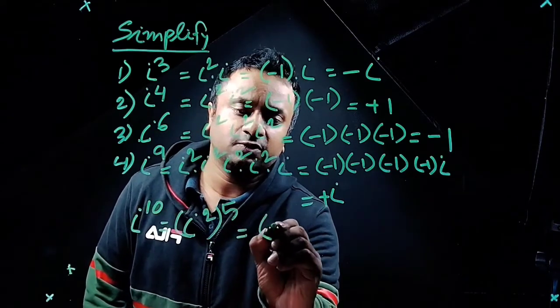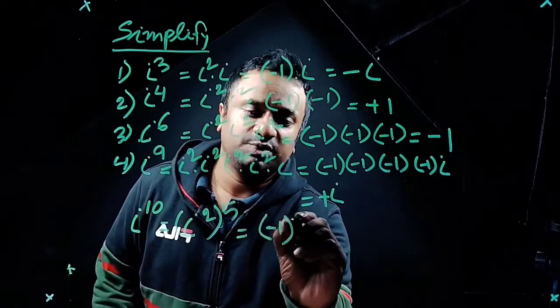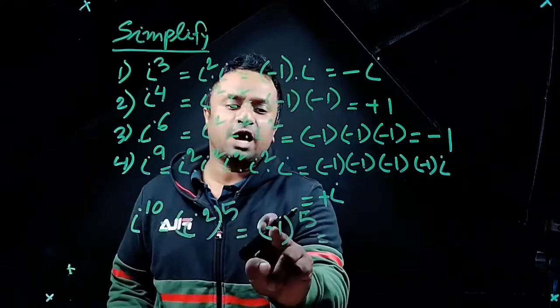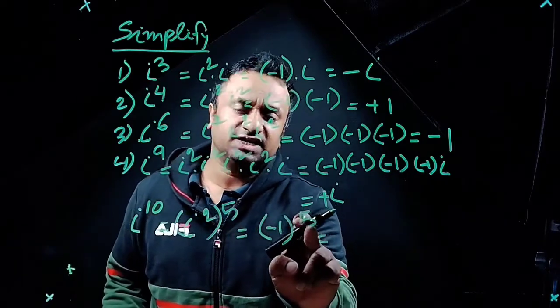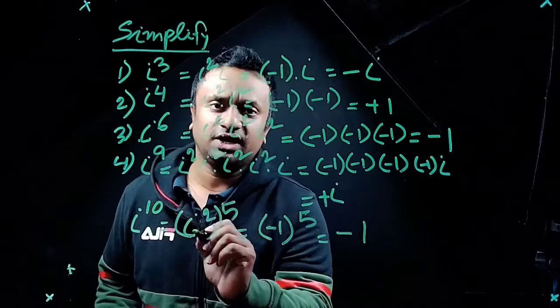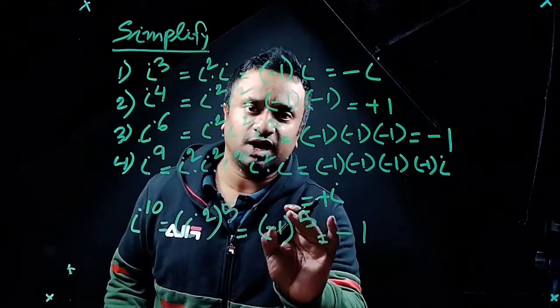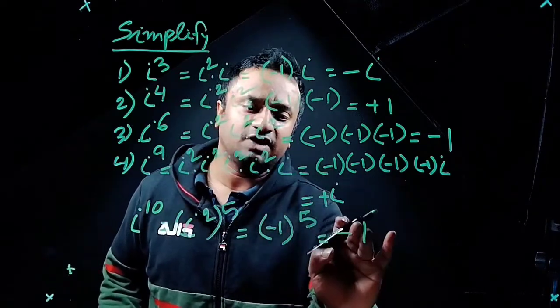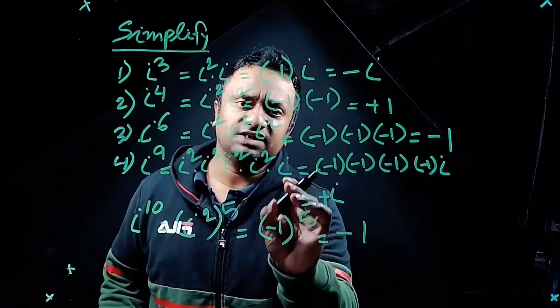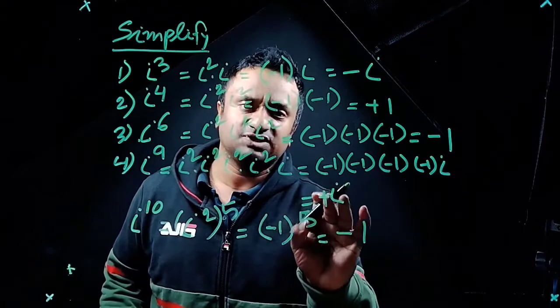Now i squared equals minus 1. So it becomes minus 1 to the power 5. Now if the power of minus 1 is an odd number, you can write it as minus 1. If the power of minus 1 is an even number, you can write it as plus 1.